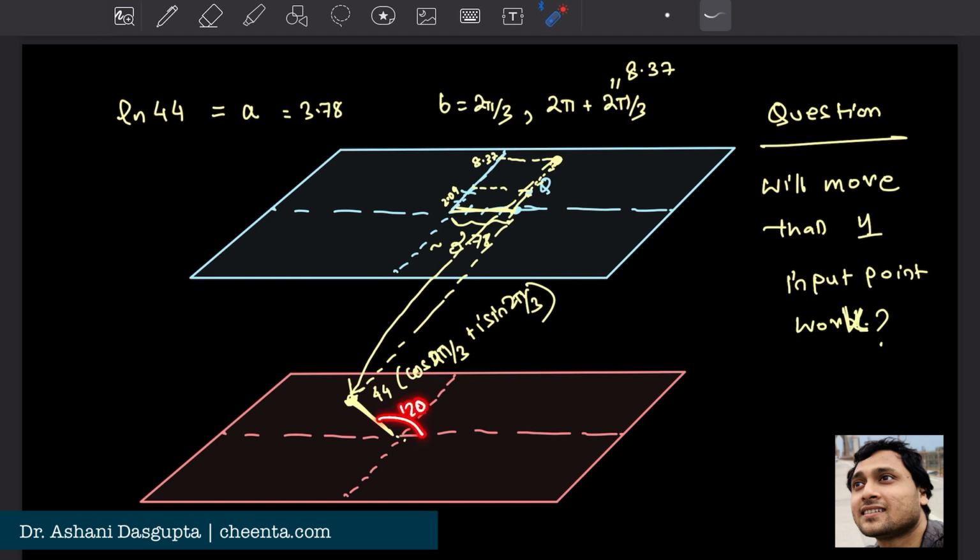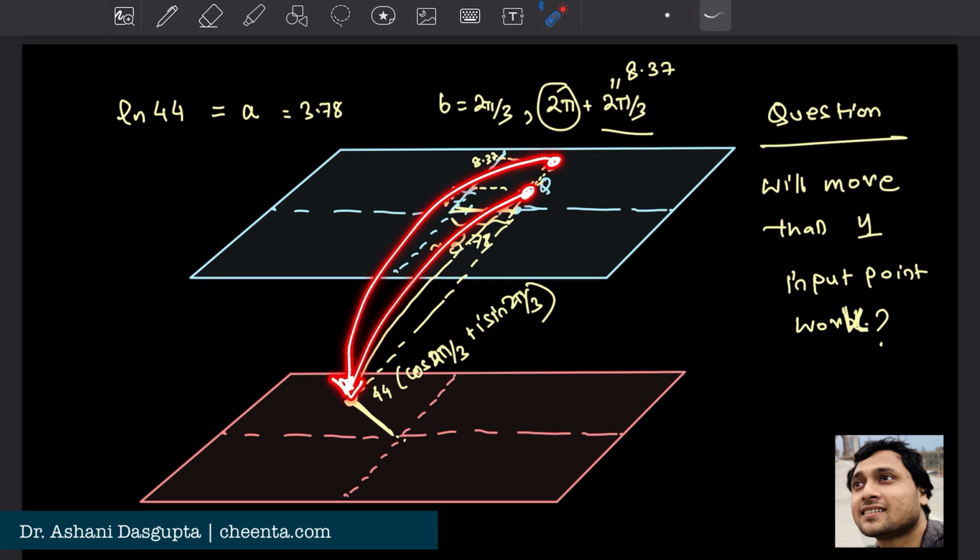This angle was 120 degrees. You rotated it by another 360 degrees, so you now have 360 plus 120 degrees, or in radians, 2 pi plus 2 pi by 3. So not only does this point map to here, this point also maps here.